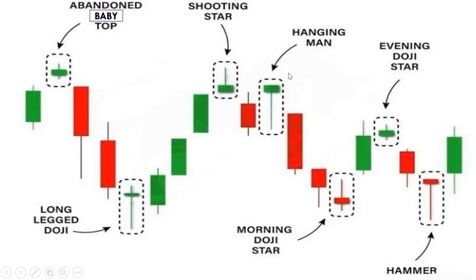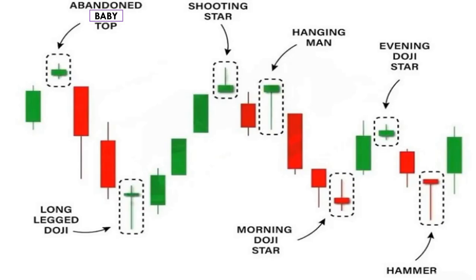Next comes your hanging man. Now as you will observe in this diagram, hanging man looks like a hammer, but it always occurs at the top of the trend. Now see, the prices move down and again the prices move up. So it's always at the upward. You just imagine a fruit which is hanging on a tree.